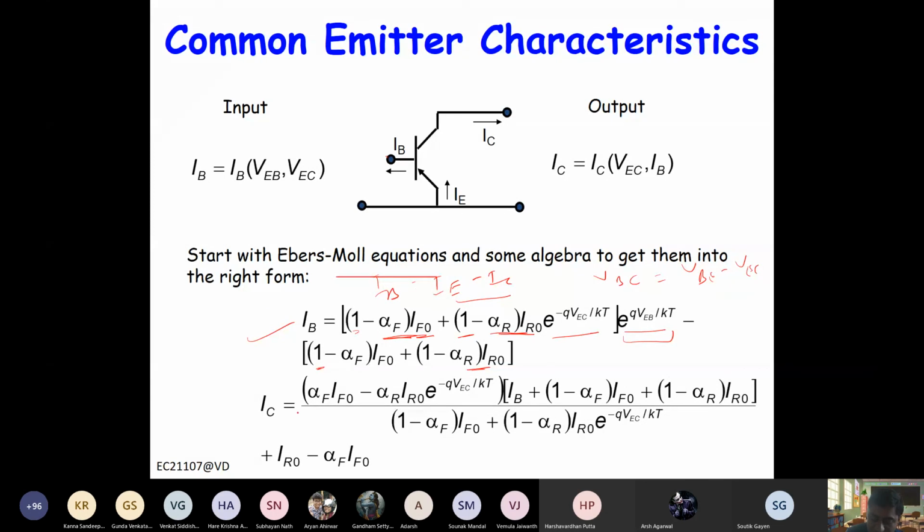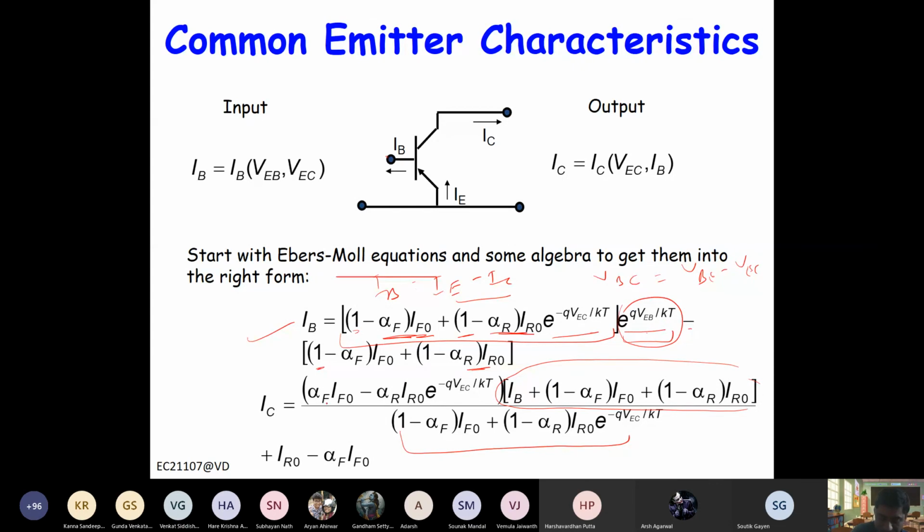Then IC, we can again expect if you substitute QVB by KT in terms of IB here. So you see here QVB by KT can be written as IB, this becomes plus, this whole term IB plus whole term divided by this coefficient here, right? This is QVB by KT.